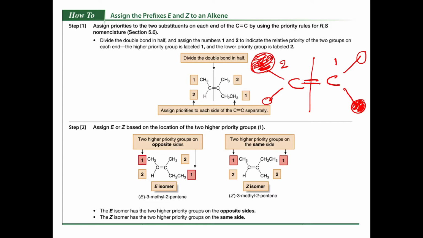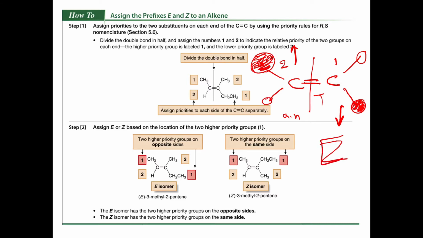As you can see here, the higher priority group on carbon 1 is down, and the higher priority group on carbon 2 is up. Remember, when we are saying higher priority, it means higher in atomic number. Because they are opposite, we say T or trans or Z.